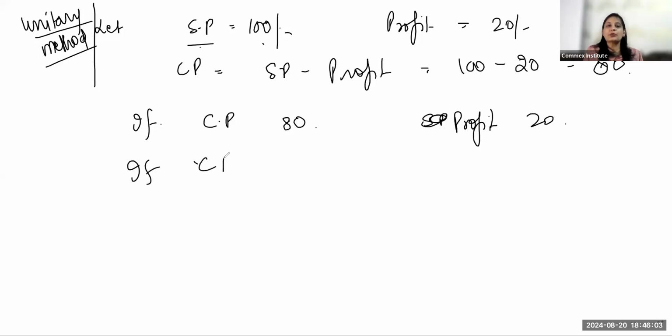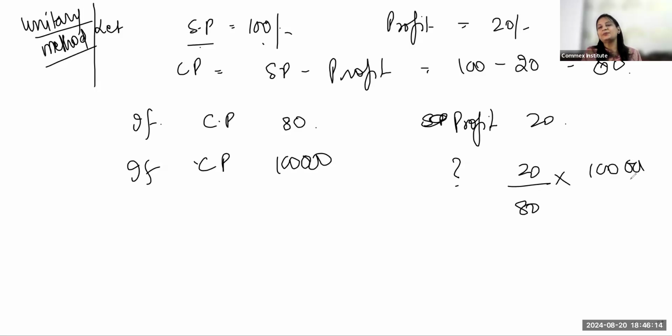If the cost price is, how much is it given? 1 lakh. Cost price is 1 lakh, then what will be the profit? So it will be 20 upon 80 into 1 lakh. आगे 1/4, आगे 25%. ये कितना हो गया? 1/4 of 25%.